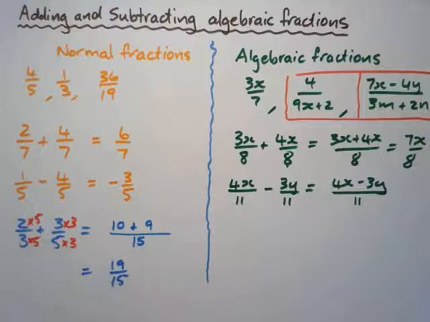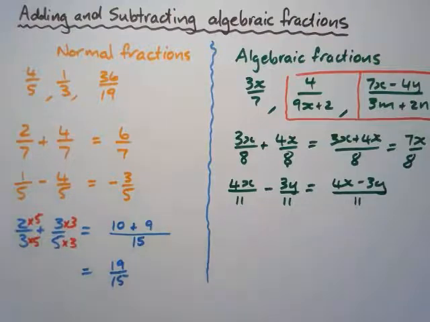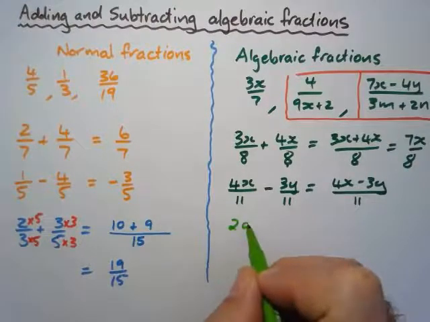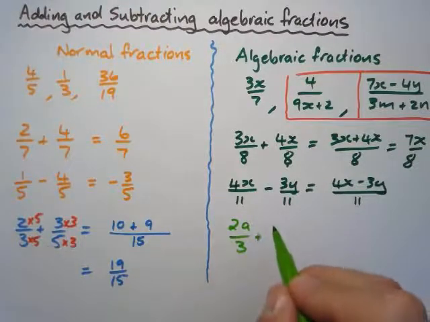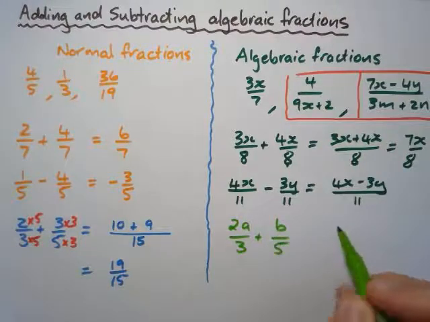I had to get my denominators the same. If I have this in x's and y's, let's just change to this. If I had a question of, say, 2a over 3 plus b over 5, it's exactly the same.